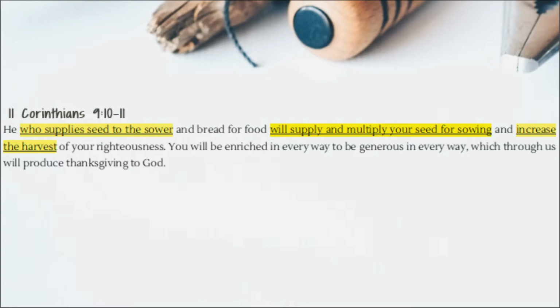But because you're enriched in every way to be generous, because you will be enriched, which will make you generous. Right, because if you have a harvest, you can pass it on, and produce thanksgiving to God. Sure, I would add those. So, yeah, I would say underline enriched and produce. Yeah, good job.